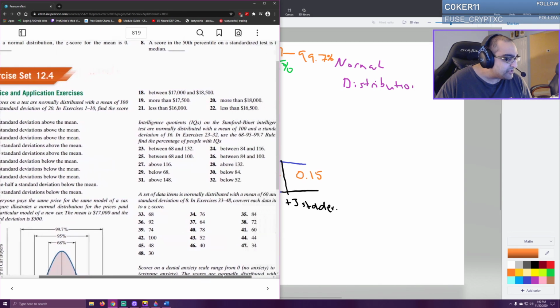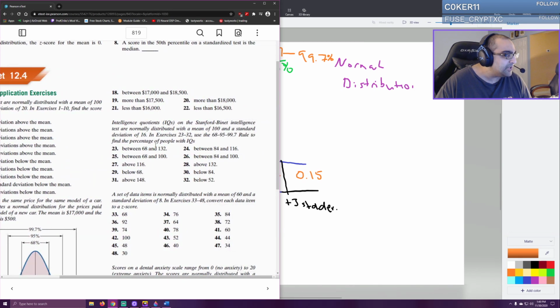Okay, so the one I want to do here is going to be number 20. Let's do 20. Let's start off with 24. Okay, so it says IQs on the Stanford Binet scale, a Binet intelligence test, are normally distributed with a mean of 100 and a standard deviation of 16.